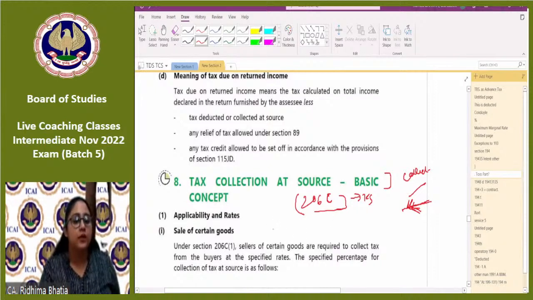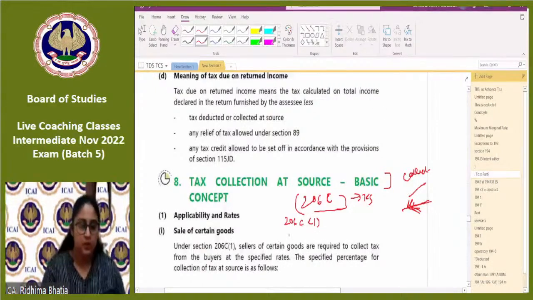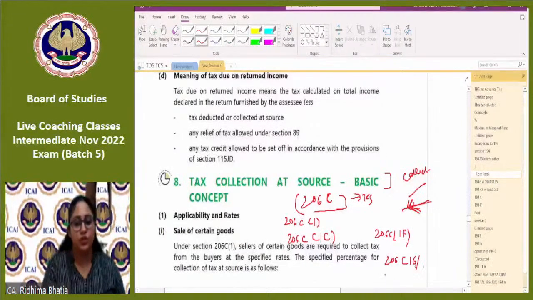So for you at this level, you have to do subsection 1, then subsection 1C, subsection 1F, subsection 1G, and subsection 1H. This is very important.